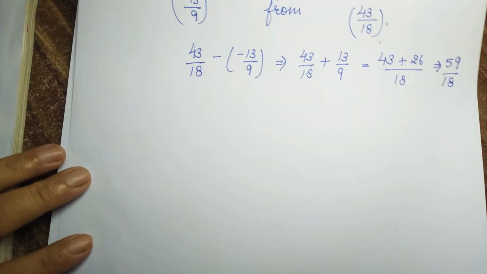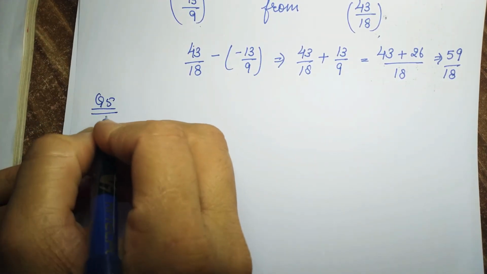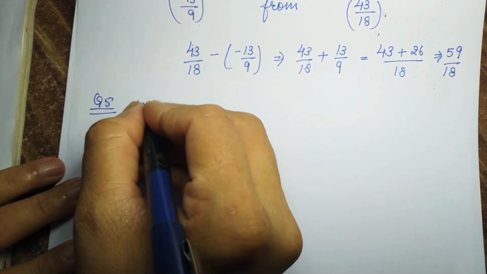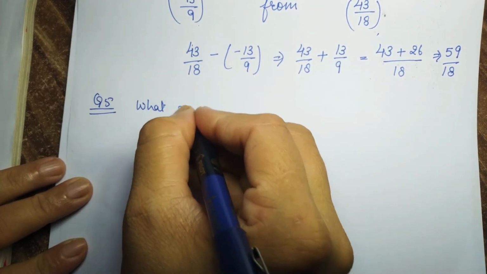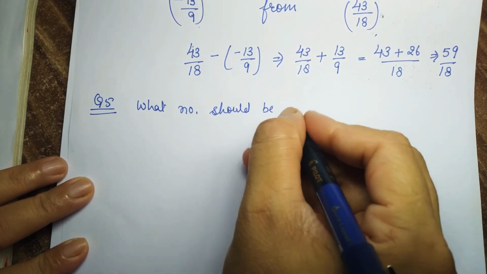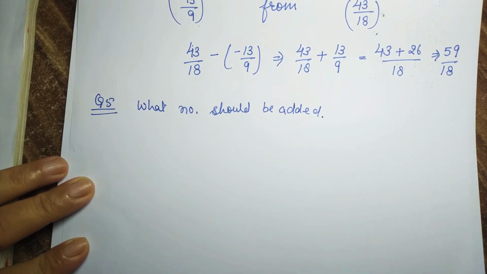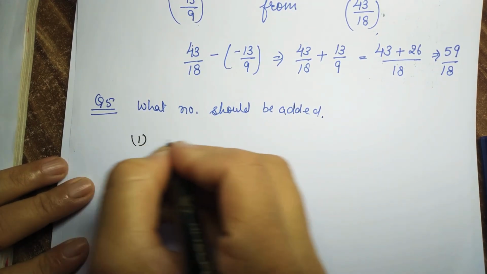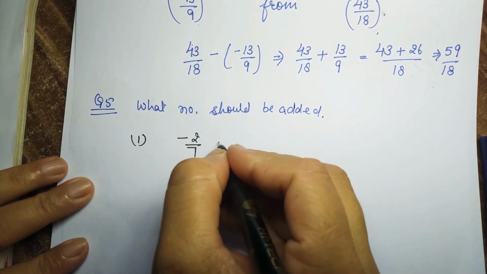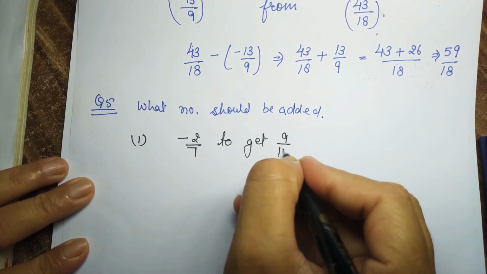Now then, question number 5. In question number 5, what number should be added to get 9 by 40?